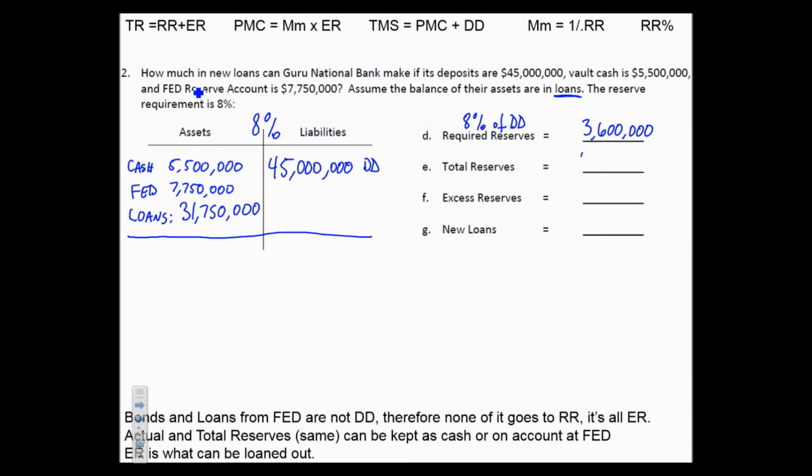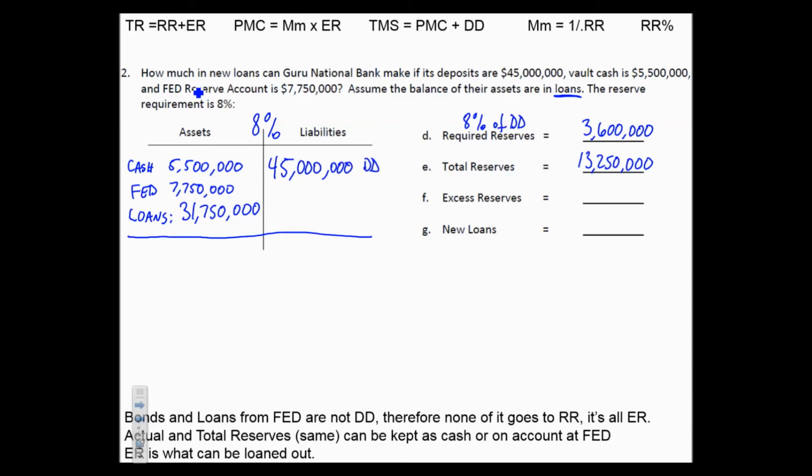Okay, 13,250. Okay, Jessica, what'd you ask? It's 3,600,000. And the way you do it is you take 45 million and multiply by 0.08. Because this time our reserve requirement is 8% instead of 10. Okay. Excess reserves is just the difference between these, right?